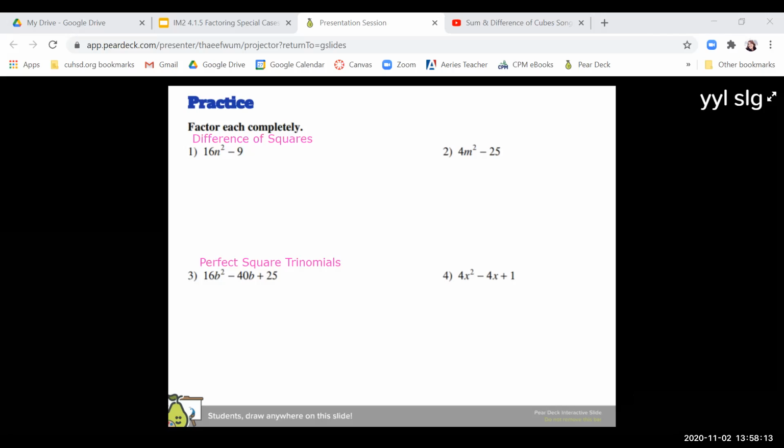You can just do the shortcut. You can always go back to the area model if you want to, but I want to urge you to try the shortcut right now. It's just so much less work.